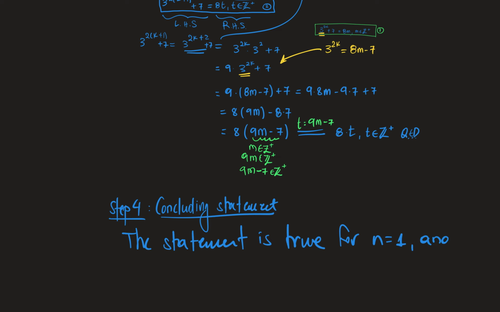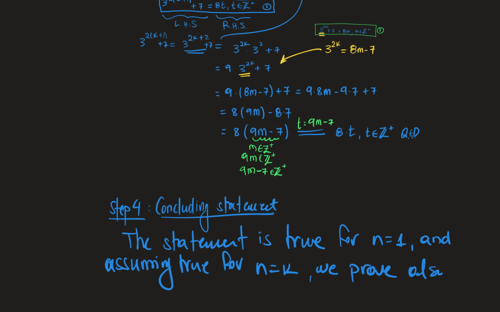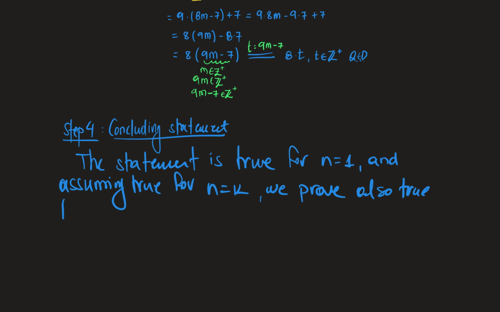And what we did after that, we did based on the assumption, so assuming true for n is equal to k, we proved also true for n equals k plus 1.